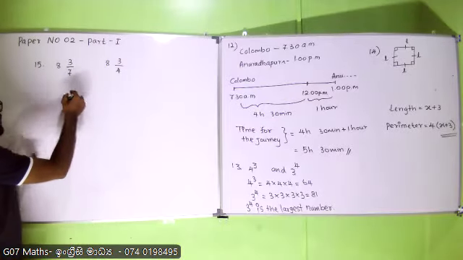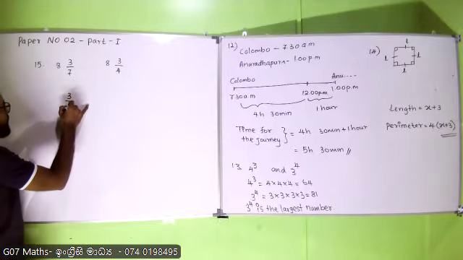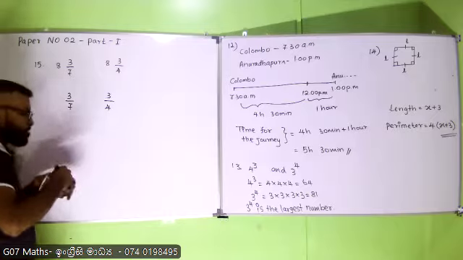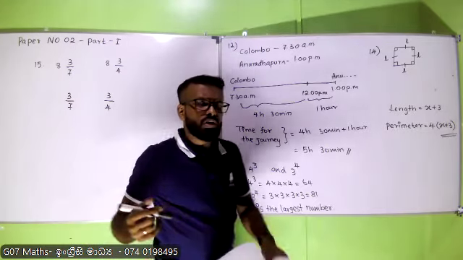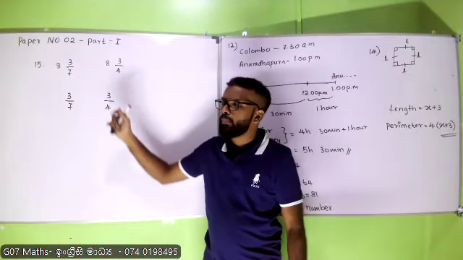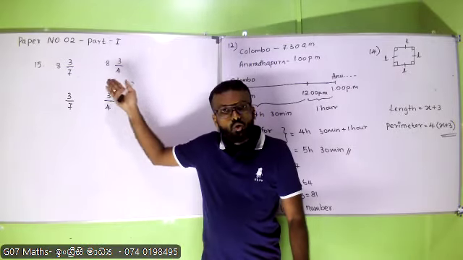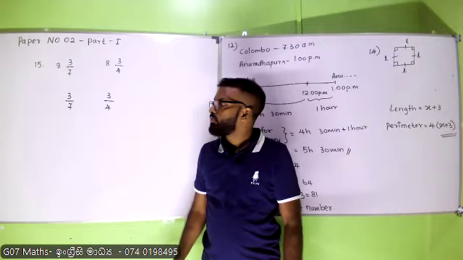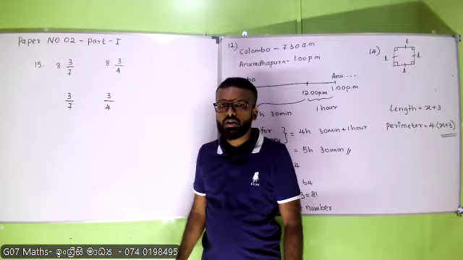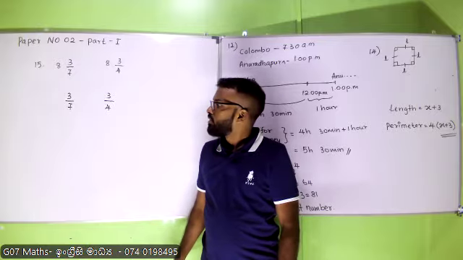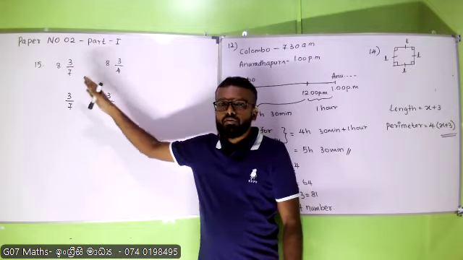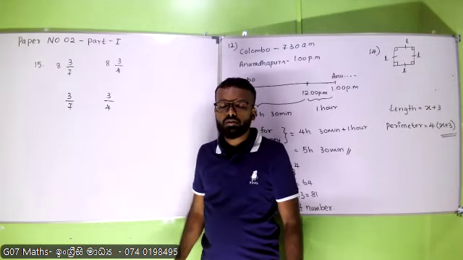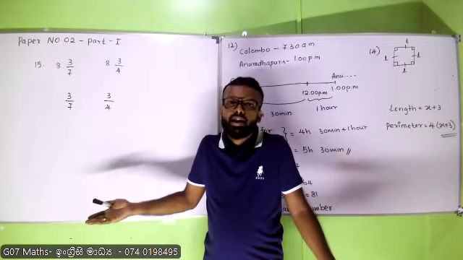So 3 upon 7 and 3 upon 4. Now what can you say about the numerators of the fractional part? Those are also equal. So we can forget that also. The numerator is also equal, it doesn't matter.